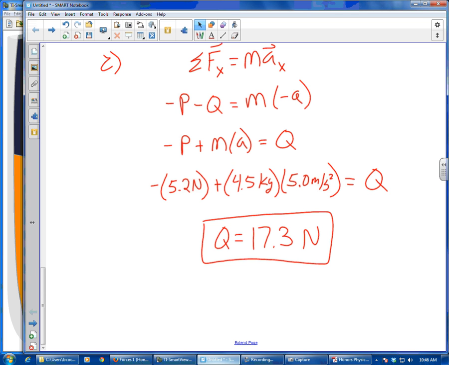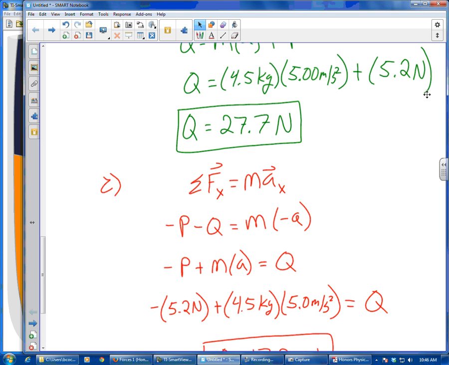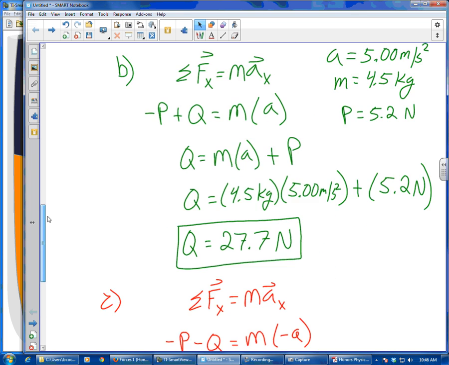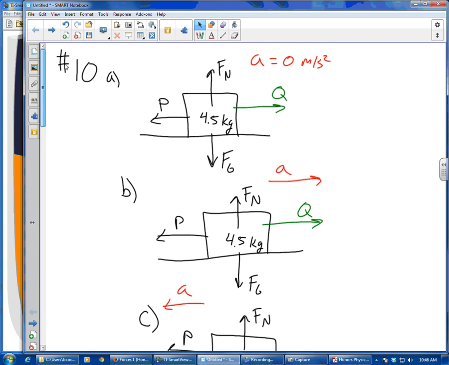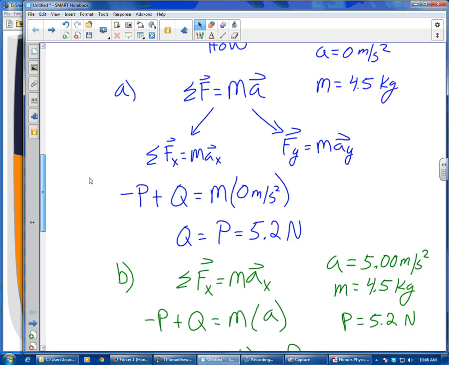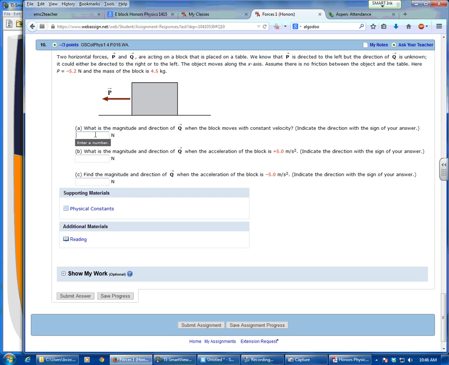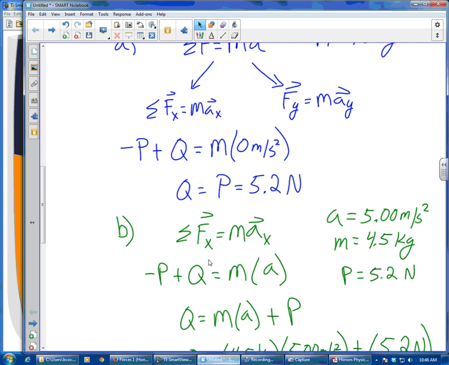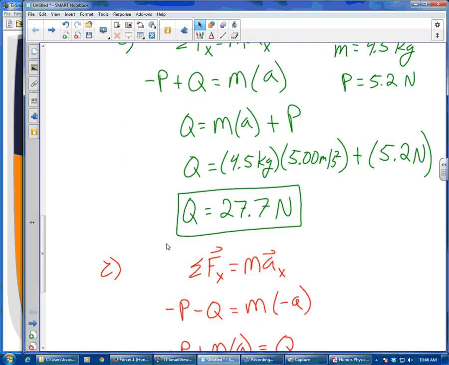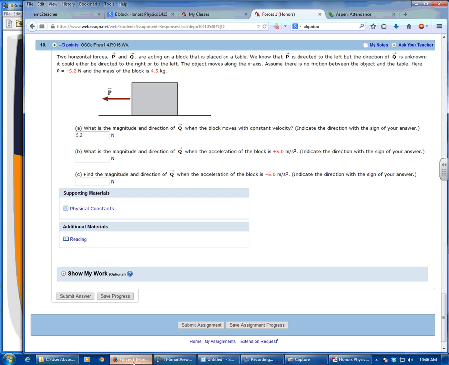Now I need to be careful when I'm putting these into WebAssign, because in the first two cases here, I chose them going in the positive direction. So I want to make sure for A, I put in this positive value of 5.2. Then for B, I again picked the positive direction, so I'm putting in 27.7.